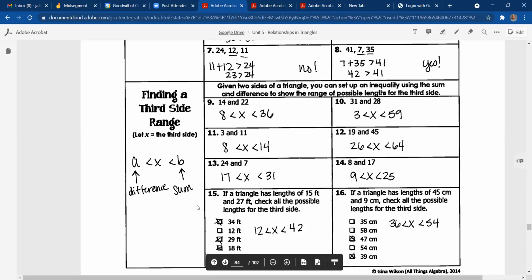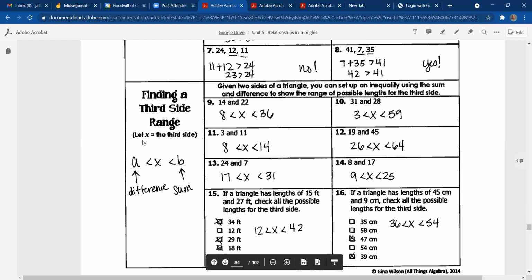This is what you should put into your notes. So our shortest side is going to be the difference between the 2 side lengths that you have. So you're going to subtract 22 minus 14 in that example number 9 gives you 8.